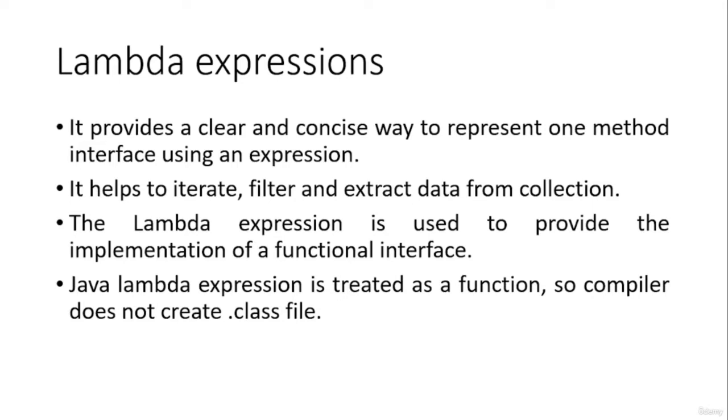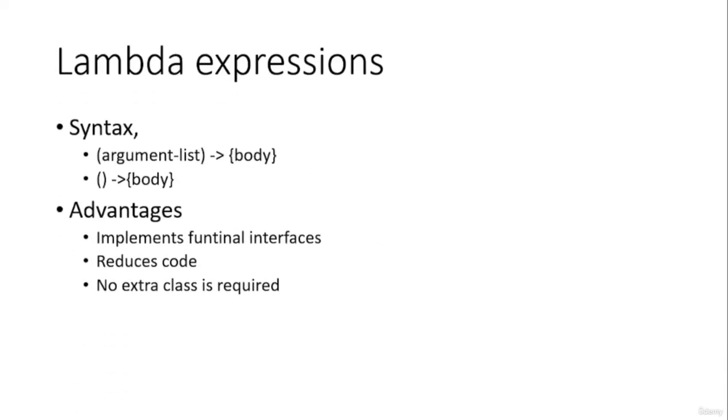Let us see the syntax for lambda expressions. Here you can see the left hand side of the lambda expression contains the parameters for the lambda, which are the parameters of the method in the functional interface.